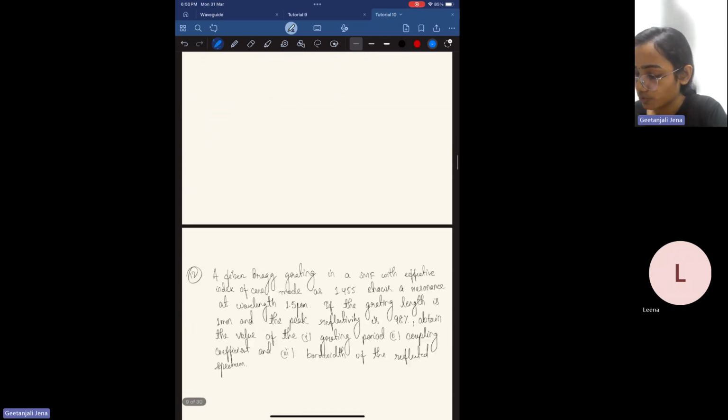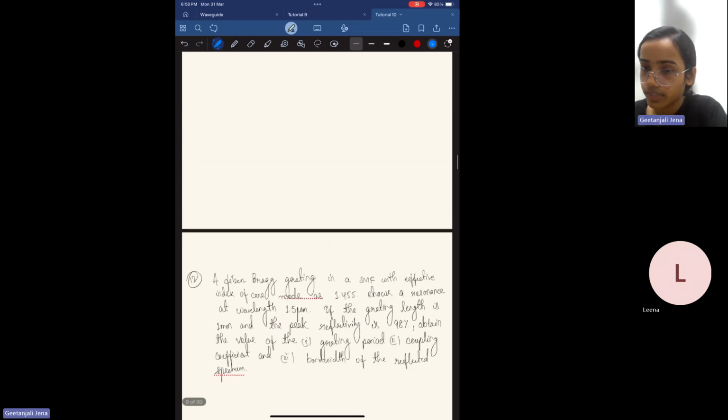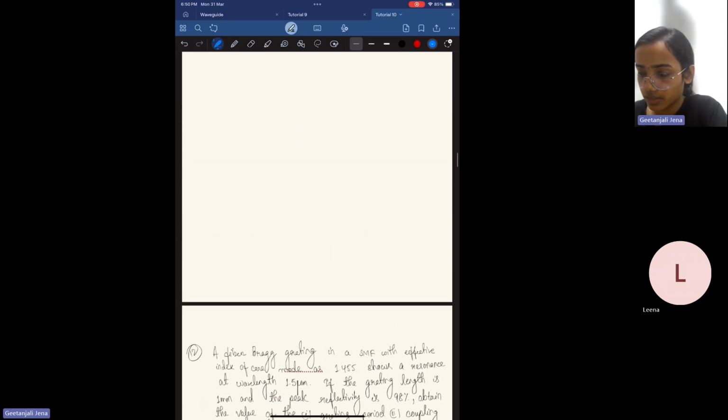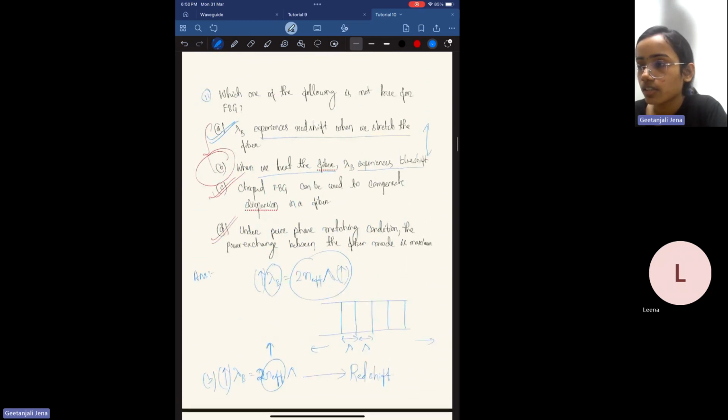So let us move to question number 12 then. How can we see that N effective will increase with temperature? Because N effective is nothing but how the medium will resist the propagation of the mode inside this fiber.